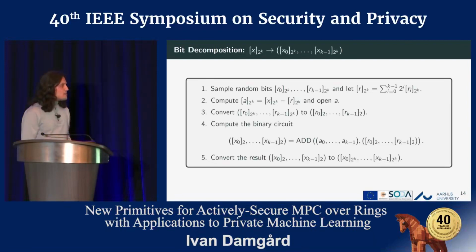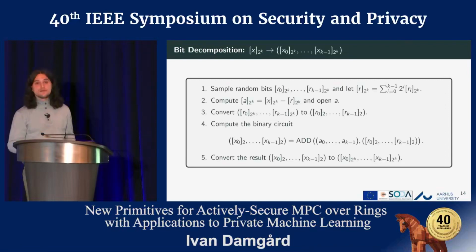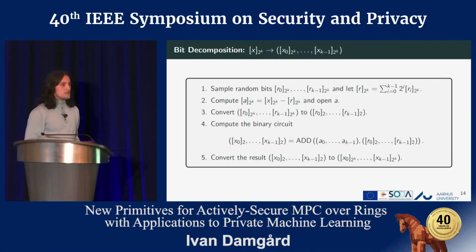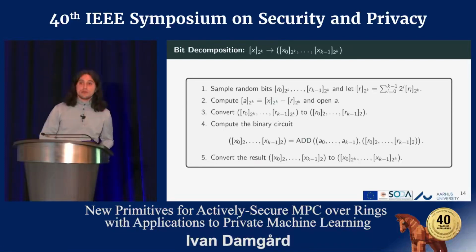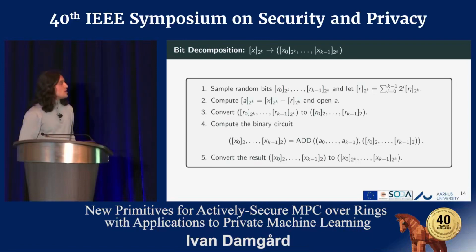And this is the main difference of this protocol with respect to other protocols. And then finally, you get shares of the bits, which you can convert to arithmetic shares if you need. So this is the main benefit of working over the ring, is this particular line here, that you can run the protocol over binary shares. All the other protocols follow the same template.